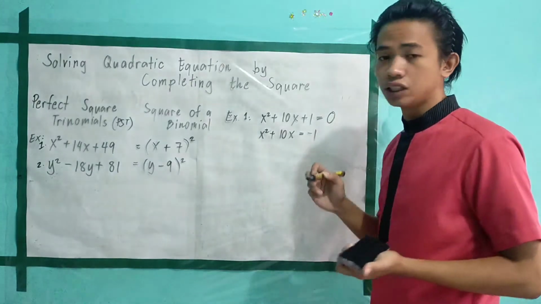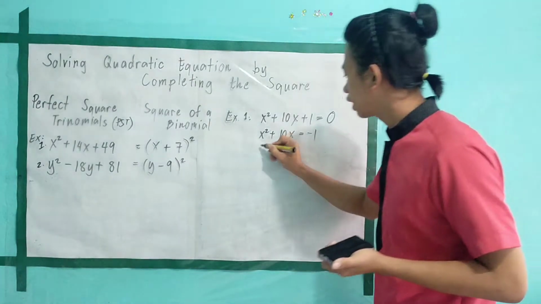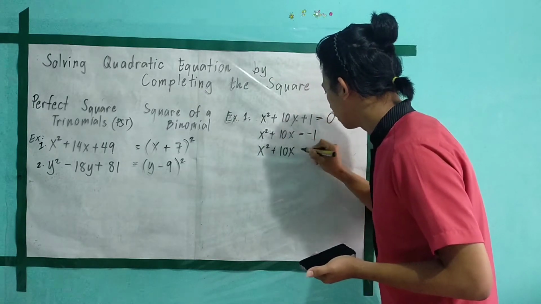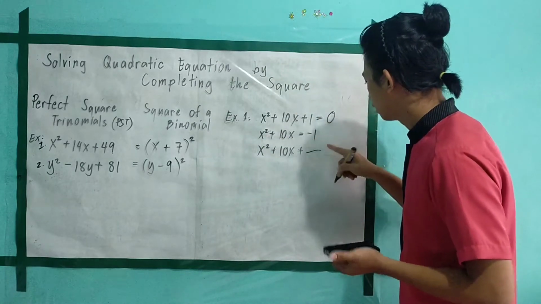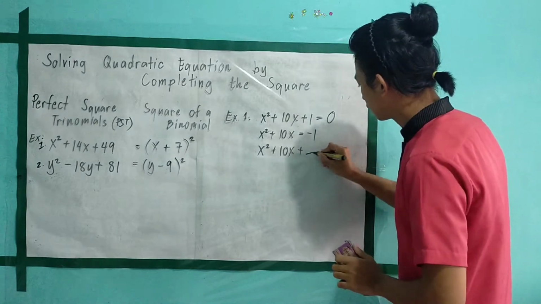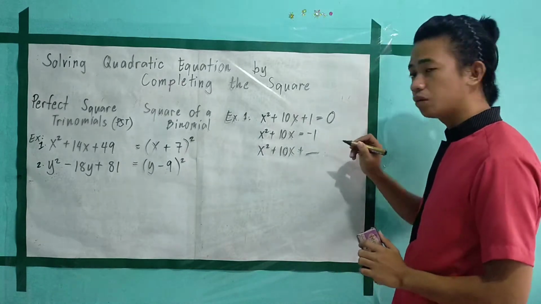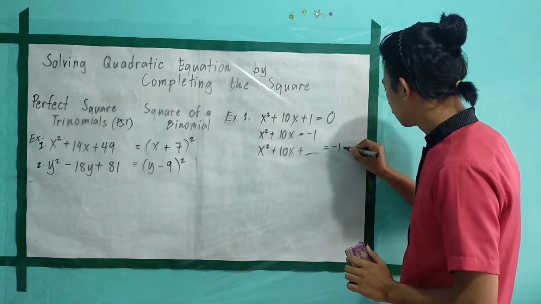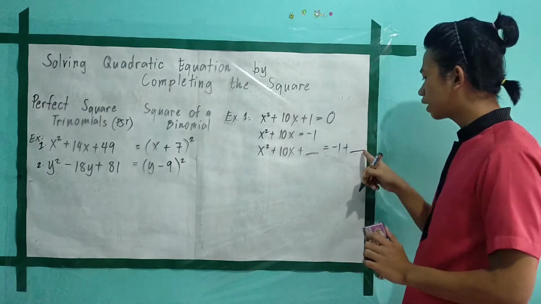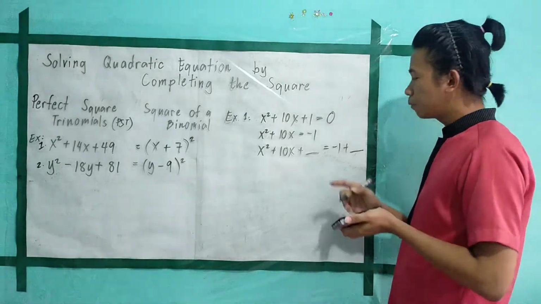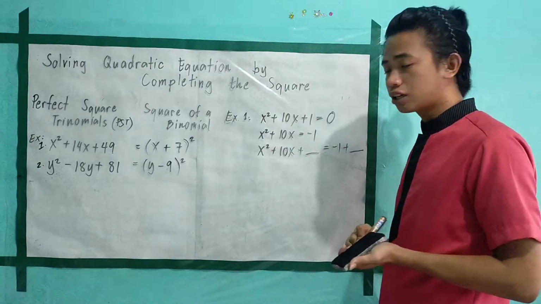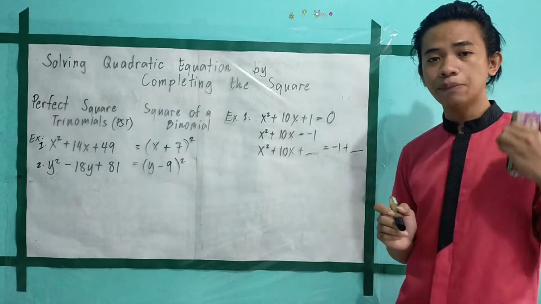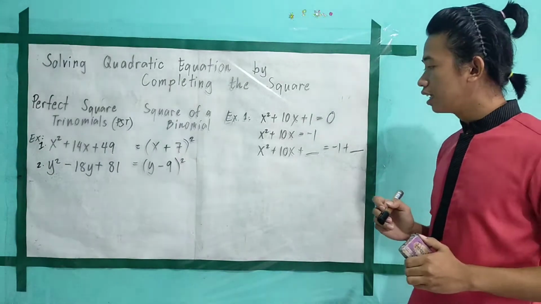How? So, during your grade 8, I think napag-aralan nyo rin to. x squared plus 10x plus blank, kung ano man yung i-add natin para maging perfect square trinomial, is equal to negative 1 plus blank. Bakit dalawang blank? Siyempre, kung ano yung i-add natin sa left side natin, ganun din ang i-add natin sa right side natin. Dapat balance. Okay?